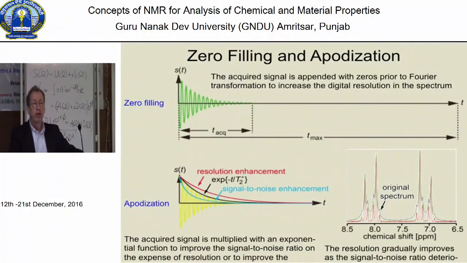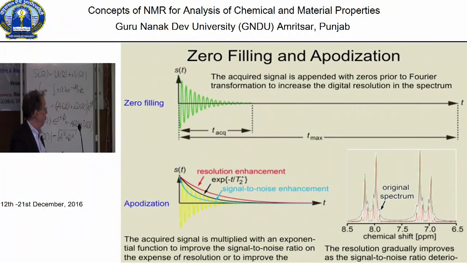You can artificially make it decay slower by multiplying it with a positive exponential function so that your decay now follows the red envelope. So you just blow it up.